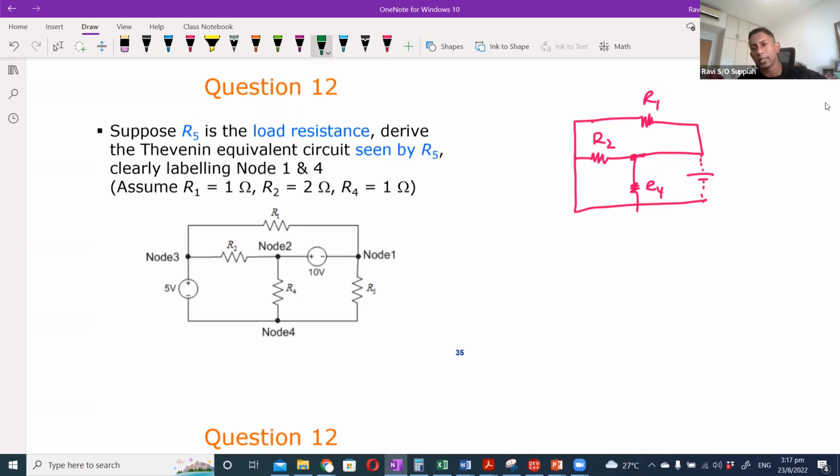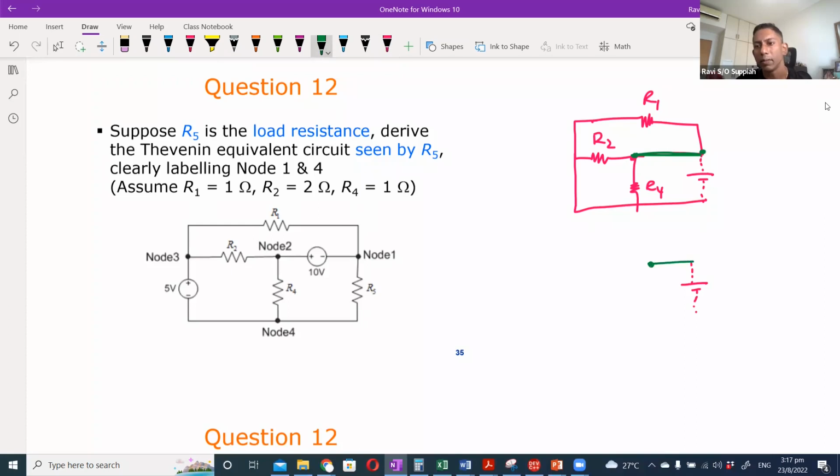Now, if I look at this circuit, the first thing that I will usually want to do is redraw it in a way that I can see clearly what is happening. You can see that this point here is the same as this point. So this is actually the same point. I can redraw it one more time to be a bit clearer.